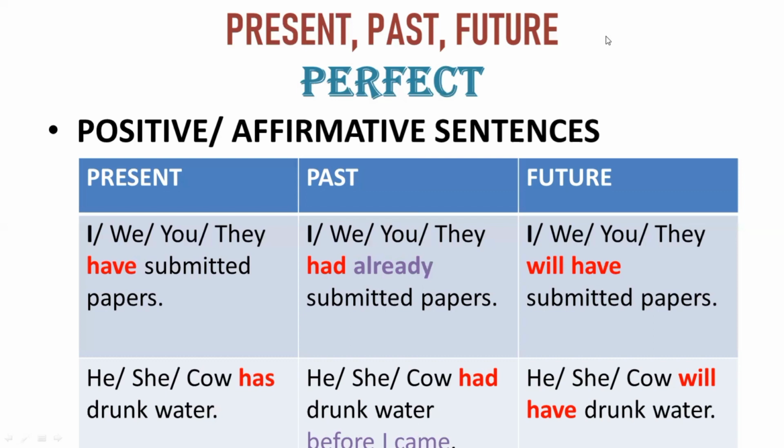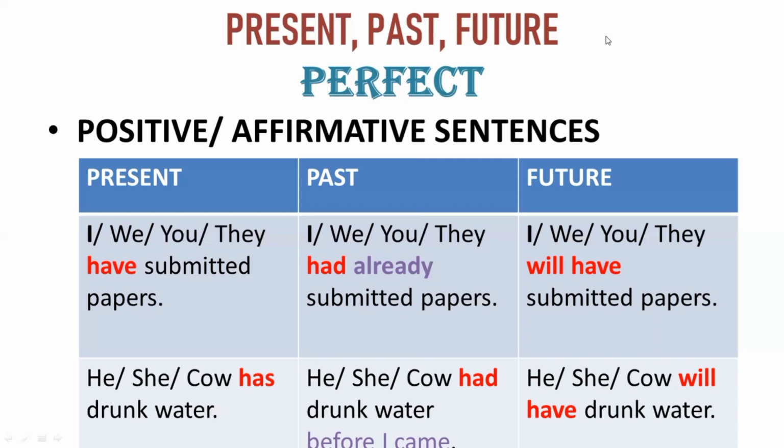And this past perfect had occurred before that. He had drunk water. So this is the action that took place first in the past perfect, distant past, and then we have before I came in the near past. So these two, they come together. Otherwise, past perfect alone does not give sense. So this is something that you have to keep in mind.